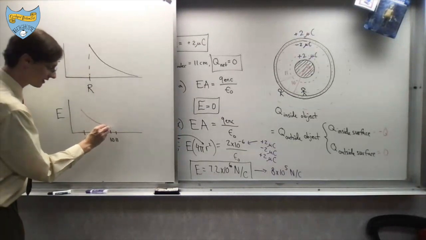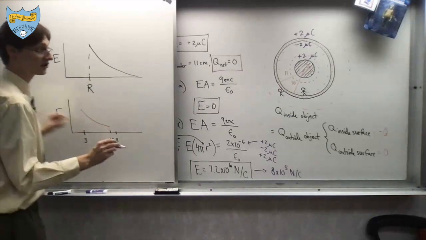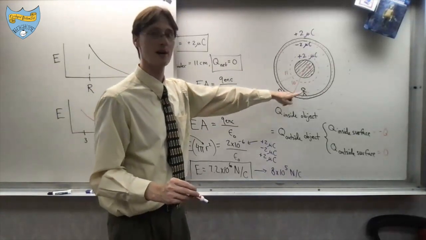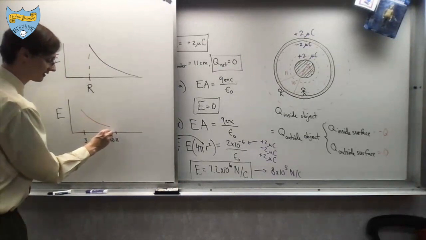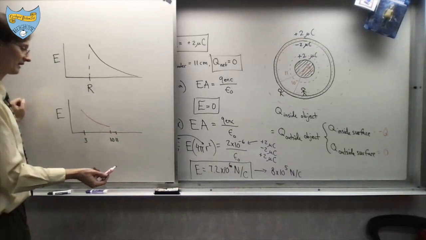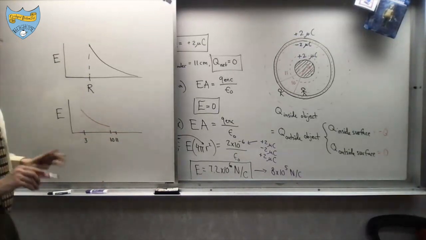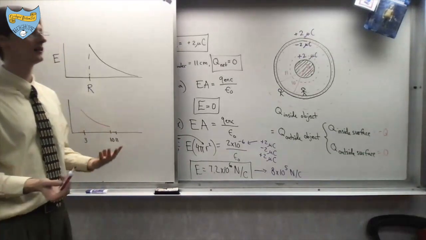And then it's going to be suddenly 0 when we reach this outside object. So boom, fall all the way down to 0, right? And then it's 0 this whole time, and then it will pick up again once we leave the object. All right, now this last part of the graph is potentially where it's tricky.